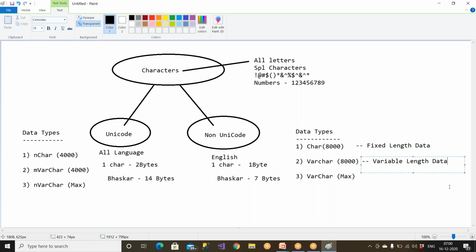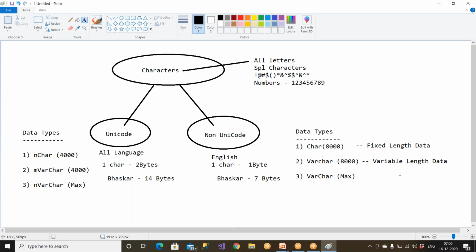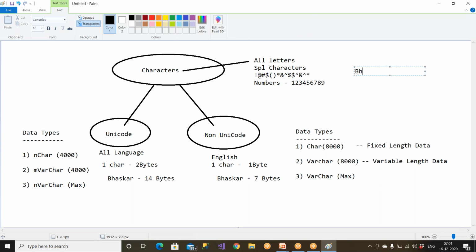So remember, your name, my name, your address, my address. The length of the data is not similar, right? For example, my name is Bhaskar, your name is John Kennedy, so you have more length, or your name will be Mac.